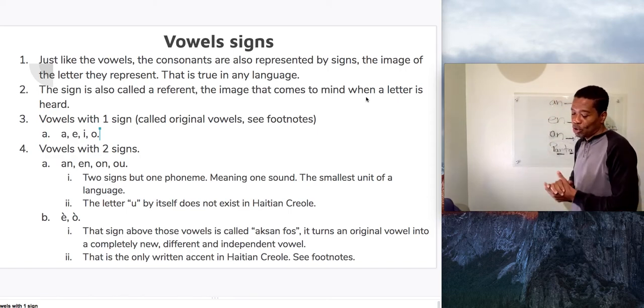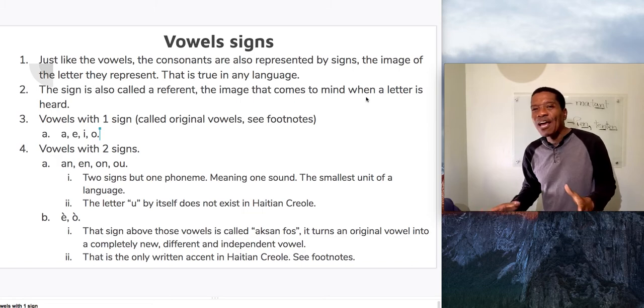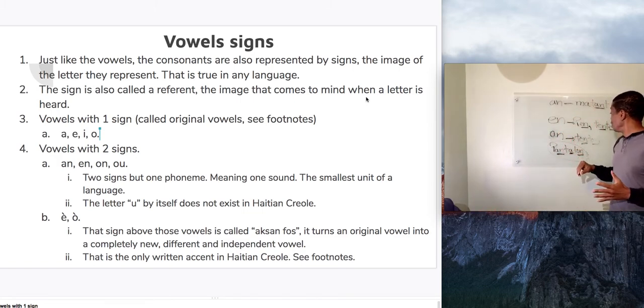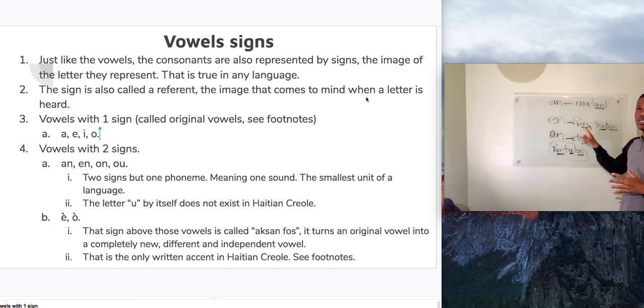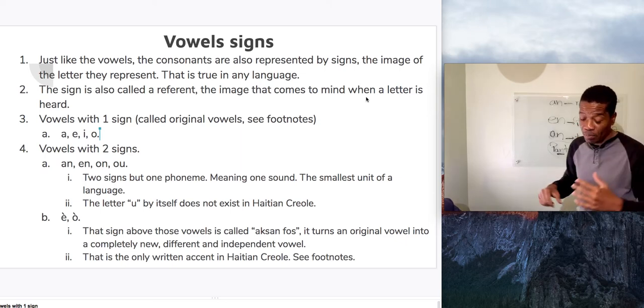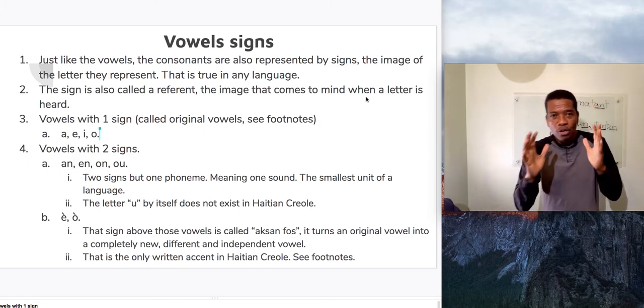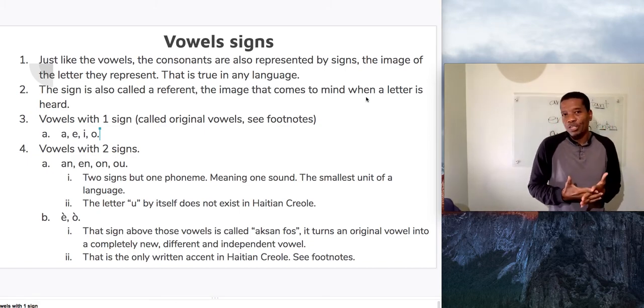We don't have it here on its own, because this is not a, this is one letter. And we just mentioned that a moment ago. So it's what comes to your mind when you hear the letter or the vowel, whatever it is.